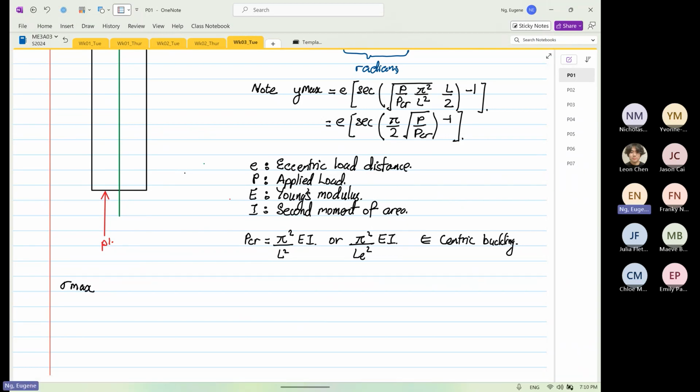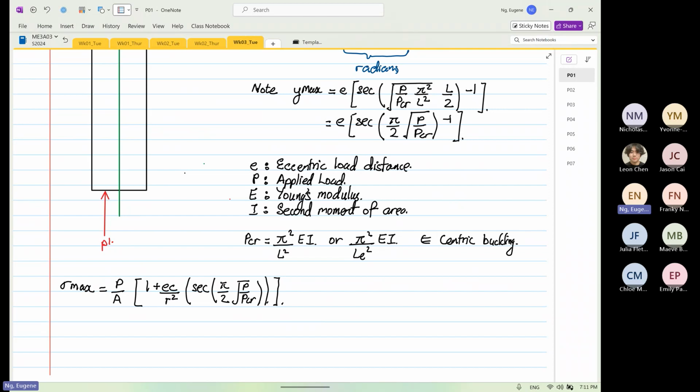So stress max will be equal to P over A times 1 plus eC over r squared, multiplied by secant of pi over 2 square root of P over P_cr, in brackets. So that's the maximum stress.